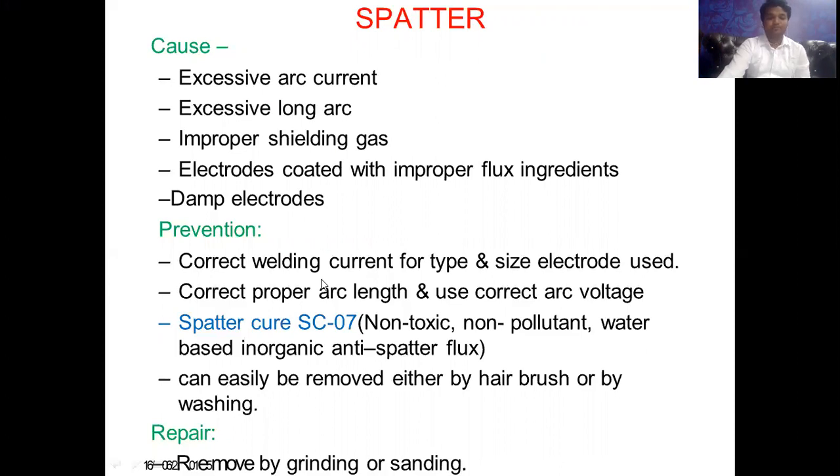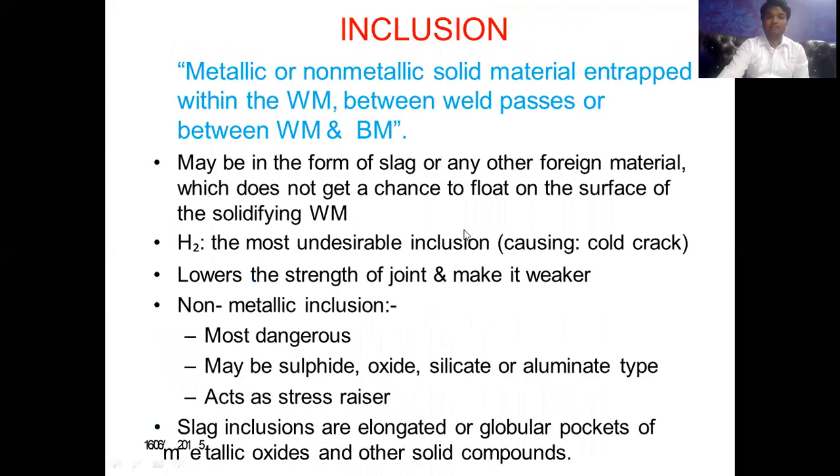For spatter, a non-toxic, non-pollutant, water-based inorganic anti-spatter flux can be used, which can easily be removed either by hairbrush or by washing. Removal by grinding or sanding are the repair methods for spatter.